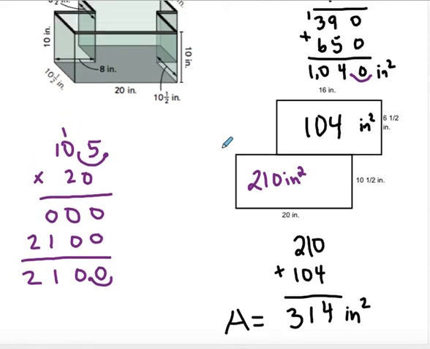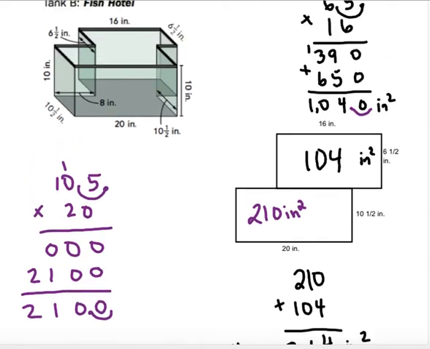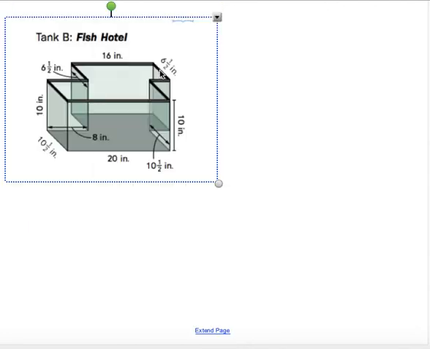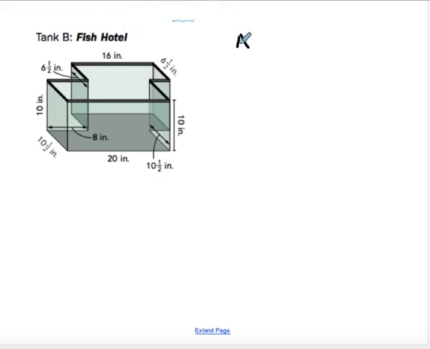Okay, now, looking back to the original shape, let me make a copy of this. We'll hop to the next page. Okay, so now we have our area of 314 inches squared. And we need to multiply it by the height, which is right here, and it is 10.